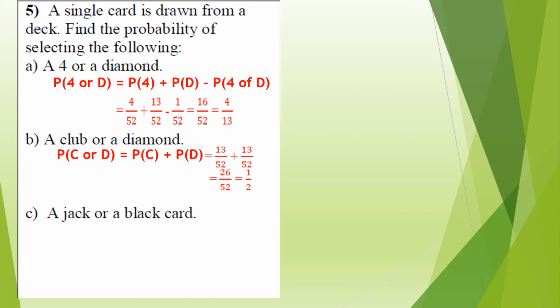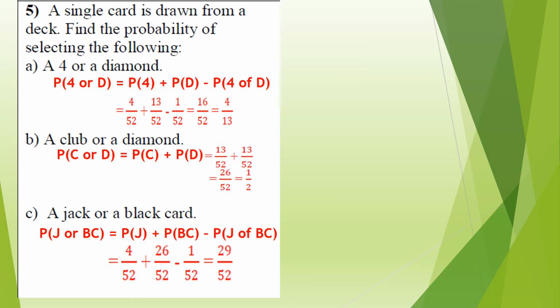A jack or black card. Is this mutually exclusive or mutually inclusive? Yes, it is mutually inclusive because you can find a jack in a black card. So the probability of a jack or black card equals the probability of a jack plus the probability of a black card minus the probability of a jack of black card, which is equal to 4 over 52 plus 26 over 52, there are 26 black cards.